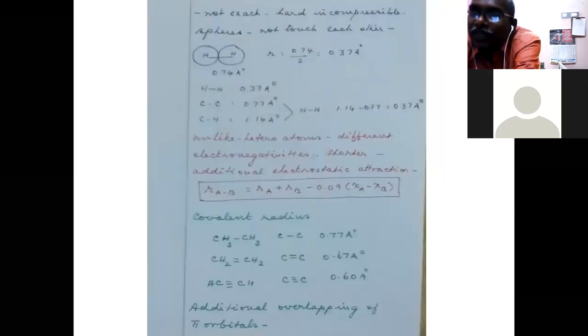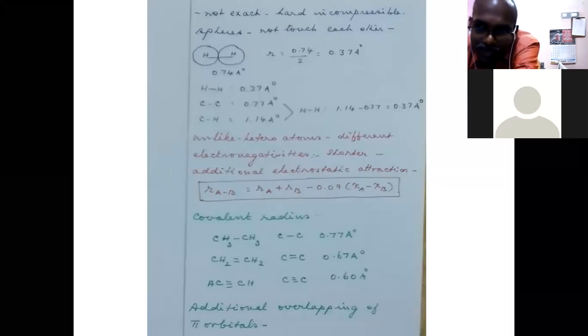Now look here, even here we are not sure that it is the exact value, because our assumption is that the atoms are hard and incompressible materials. The second assumption is that these two spheres are touching each other, but both are not true. But even then, the internuclear distance in the hydrogen molecule comes around 0.74 angstrom units.